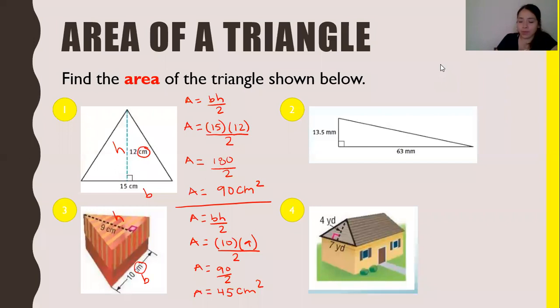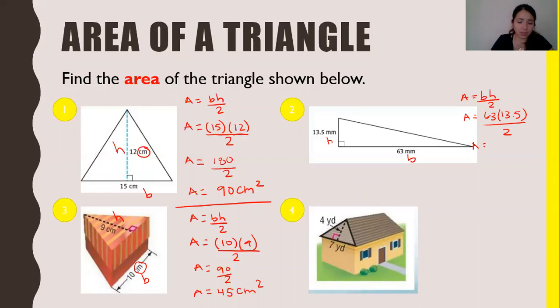All right, so if you got a chance to practice this one, we have A, for area, is equal to base times height divided by 2, because the area of a rectangle is base times height, and this is half of a rectangle. So I'm going to take my base and my height and multiply those by each other. So 63 times 13.5, divide that by 2.